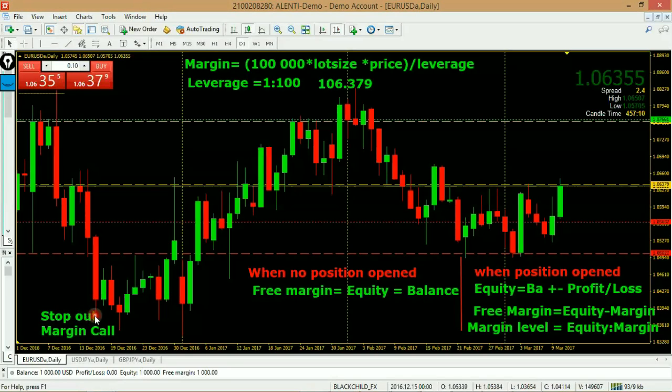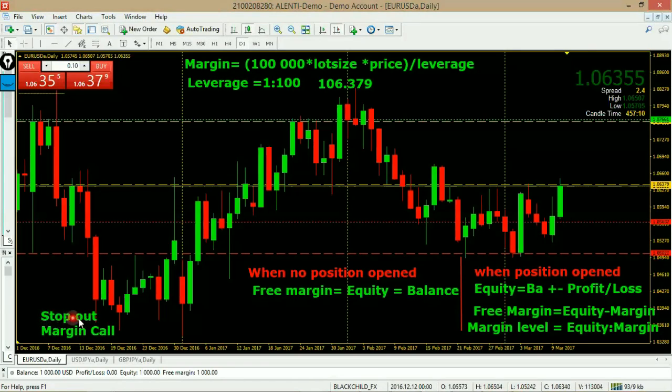With some brokers, you can go into a negative amount, where you can lose more than you actually have in your account. Your margin call is a certain margin level which is always slightly above your stop out level.